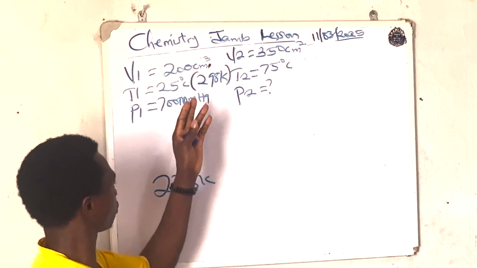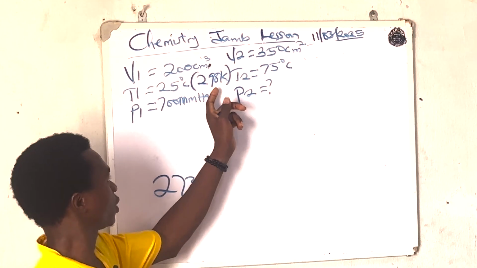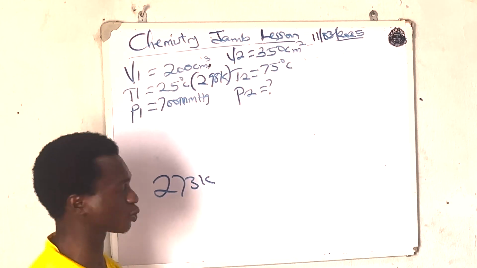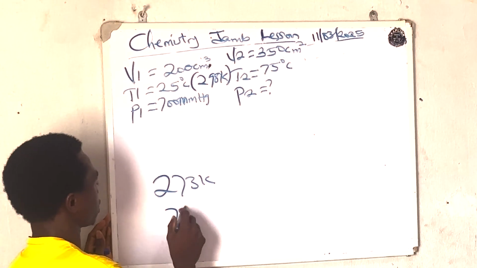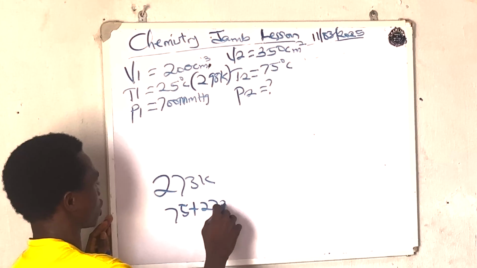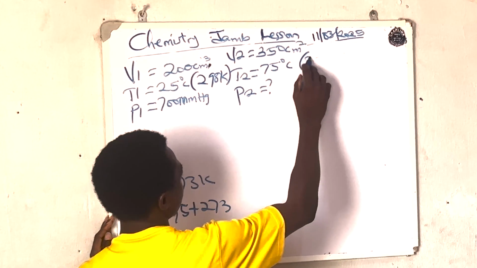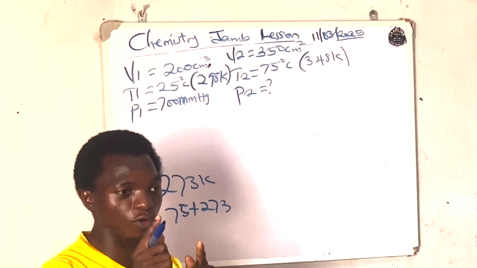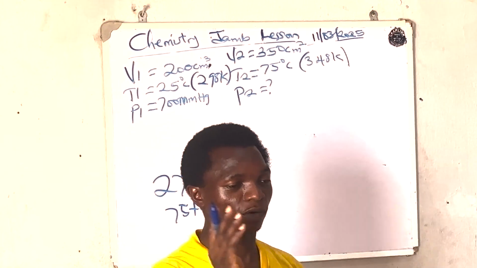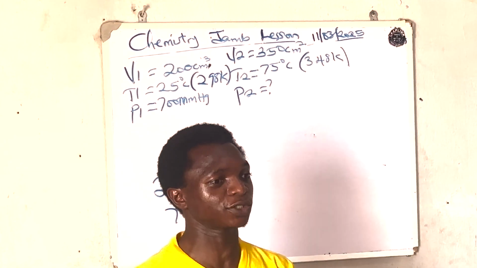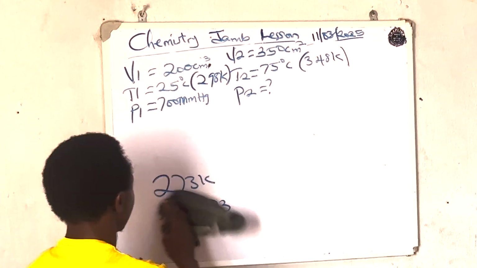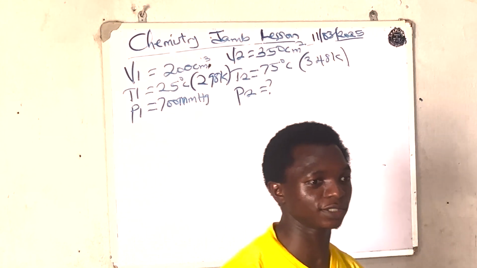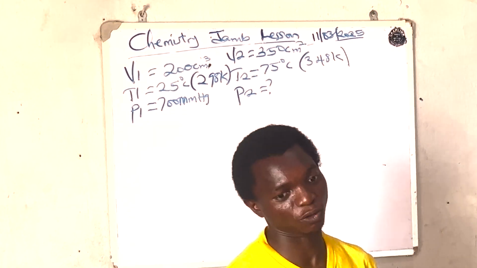So for temperature one, we're not using 25, but we're using 298. You do the same thing to your temperature two, you add 75 to 273, which gives us 348 Kelvin. That is what you must always remember. Whenever the value is in centigrade, we convert it to Kelvin, because the Kelvin is the absolute and the standard unit for a given temperature.